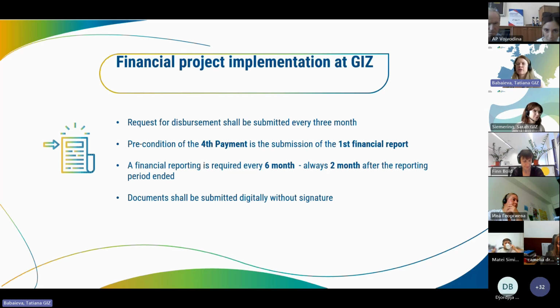The financial report covering the first 6 months of your project should be submitted until 2 months after the reporting period ended, so until the end of month 8. After that, it continues in the same rhythm. In regard to the deadlines, please bear in mind to plan adequate time for checking and providing the reports of the partners. Documents shall be submitted digitally and without signature.